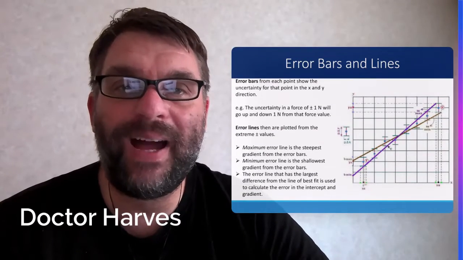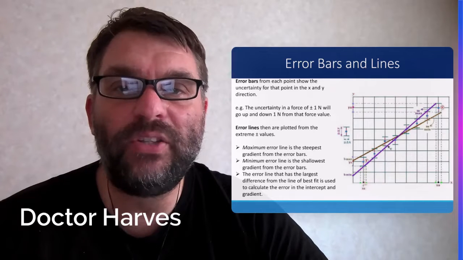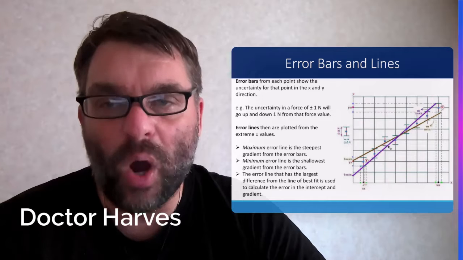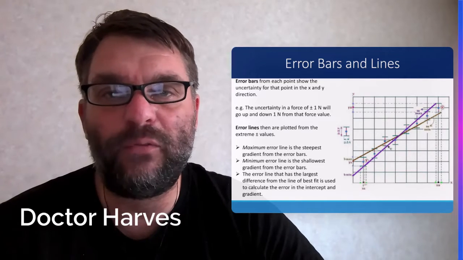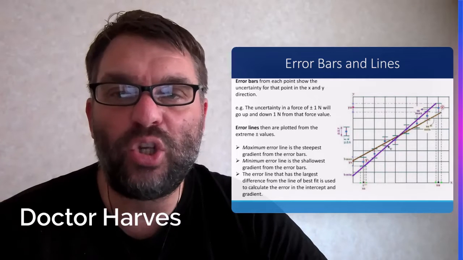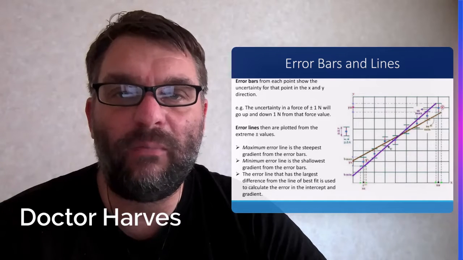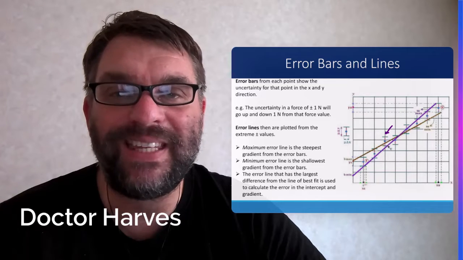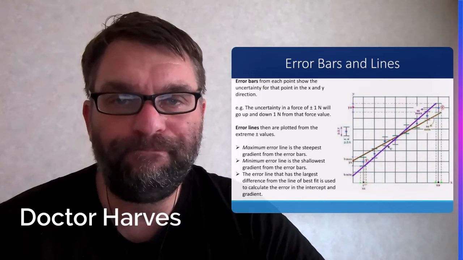So in terms of error bars and lines, the error bars from each point show the uncertainty from that point in the x and y direction. So for example, if you're doing force on the y-axis, then you need to show error bars of plus or minus 1 Newton for each of your values, if that indeed is the uncertainty for the force.